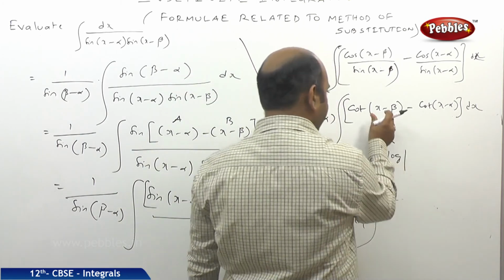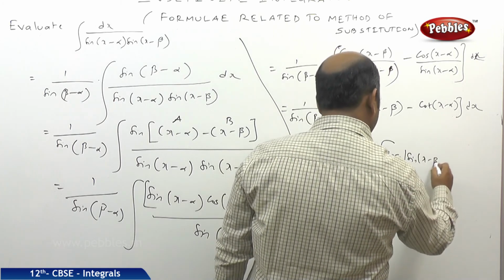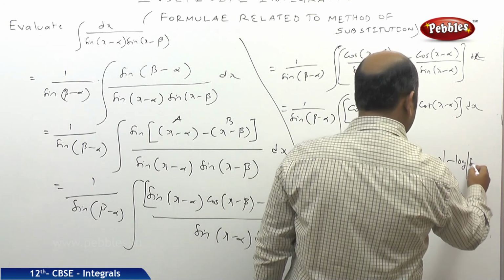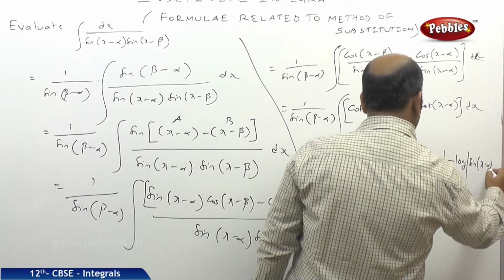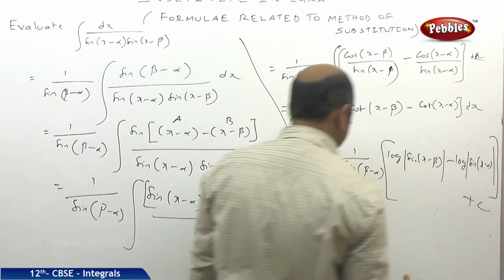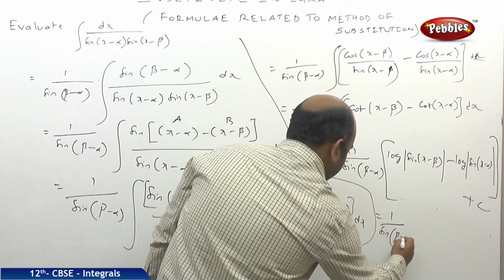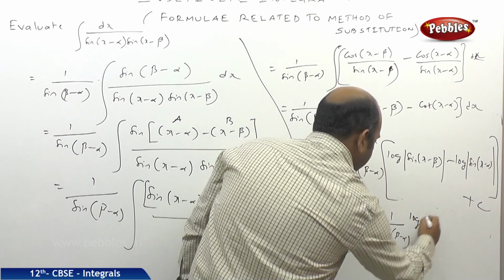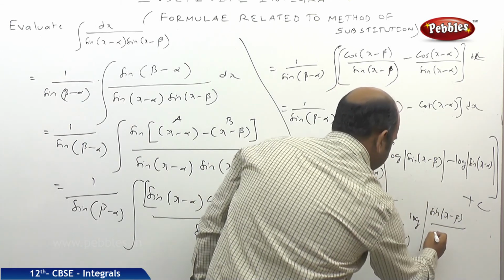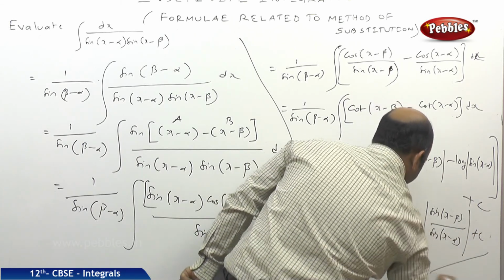So log mod sine of (x minus beta) minus log mod sine of (x minus alpha), bracket close, plus c. Finally this can be written as 1 by sine of (beta minus alpha) log mod sine of (x minus beta) by sine of (x minus alpha) plus c.